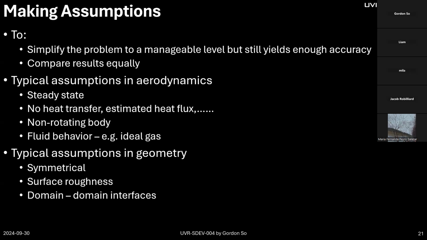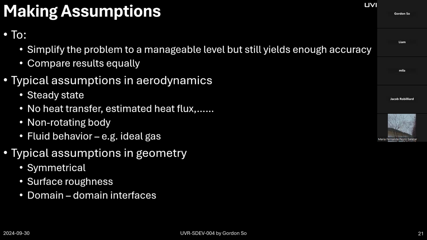How your fluid behaves, you will model it with different models, and again, we'll cover it. And geometry wise, sometimes you would make assumptions just to make your problem easier. The most used one would be symmetrical or periodical. Basically, you have a geometry that is symmetrical, and you don't need to do your calculation twice because they're the same.